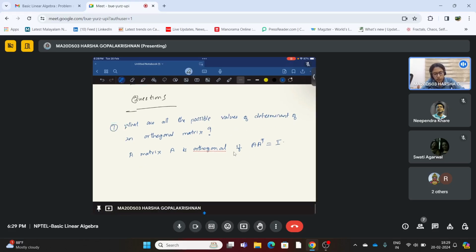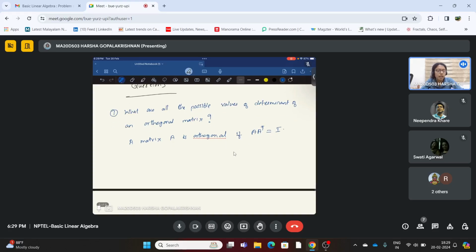So just using this condition, and the results I have told in this class now, can you say what are all the possible values of determinant of an orthogonal matrix? Any idea how to start?